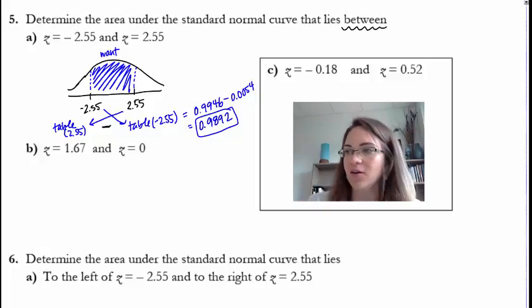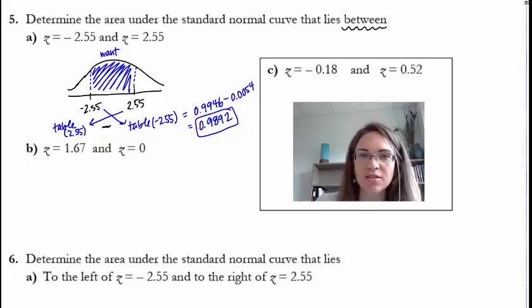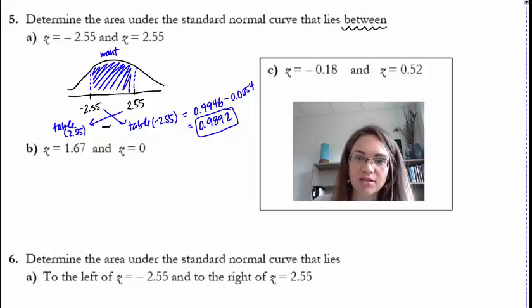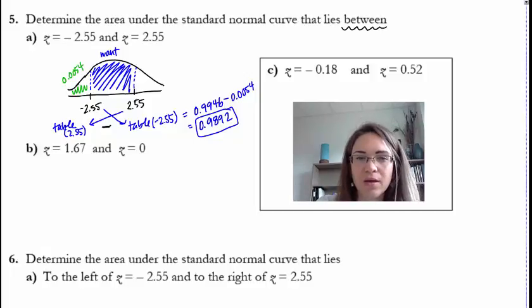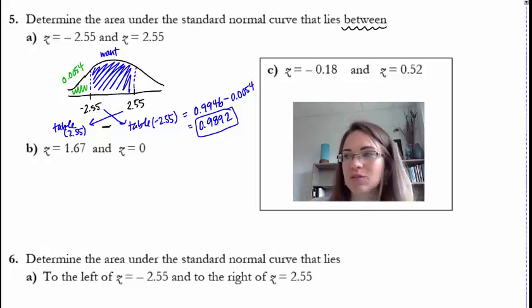Now another way to do it, because it's symmetric, and this is a special case where the z values are just opposite signs of each other, we could use the area in the table to the left of negative 2.55. We read this to be 0.0054, and use the complement rule in conjunction with symmetry.